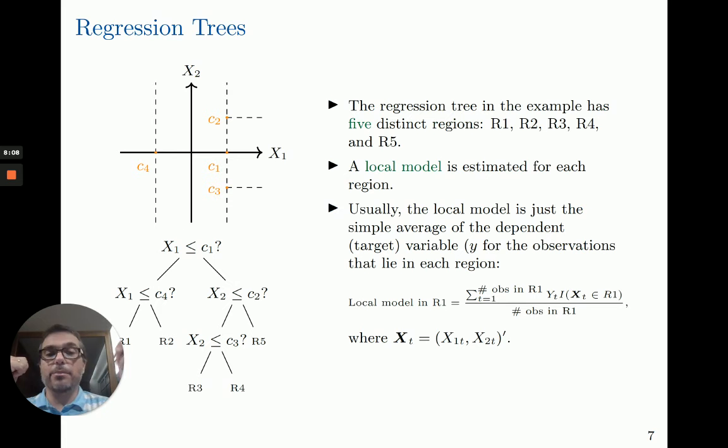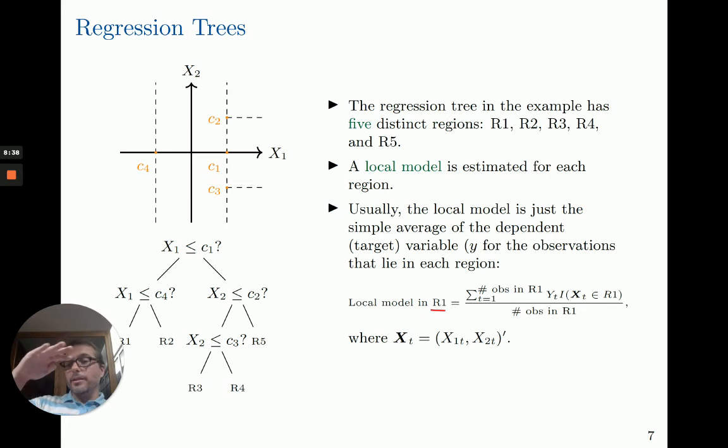So for example, the local model for region 1 will be the sum of observations of y where the covariates belong to R1, so this is an indicator function, divided by the number of observations in this region. Okay, so this is the first local model. So the model is pretty simple.